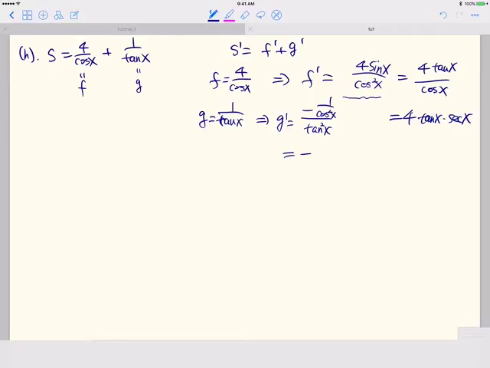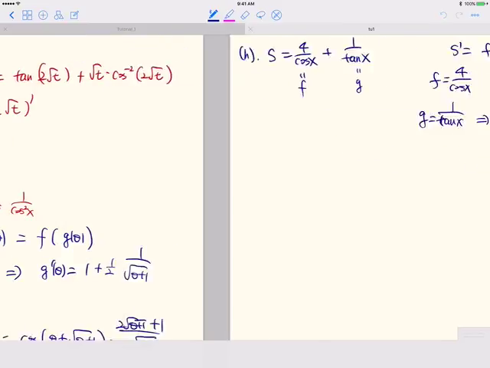This is just minus 1 over sine x squared, which is cosecant squared, right? So that will do it. You can just use the quotient rule and leave it here if you're not familiar with these notations. It's fine.